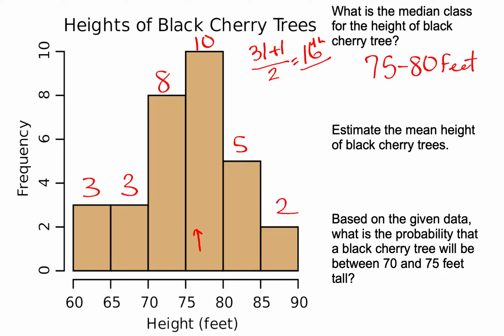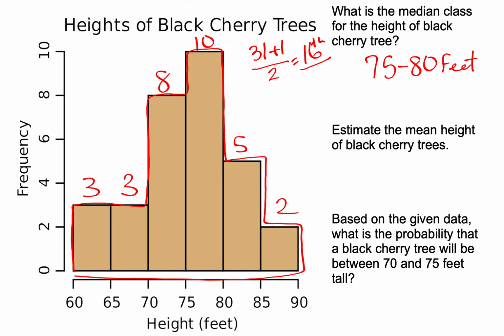All right, estimate the mean height of black cherry trees. Now, the reason we estimate it is because... remember what mean is. You add up all the numbers and divide by the number of numbers. You're trying to find the equal share average. Now the way you would picture this on a histogram is pretend that it is made out of a solid material and you are going to try to balance it.